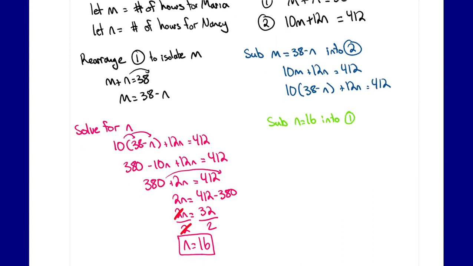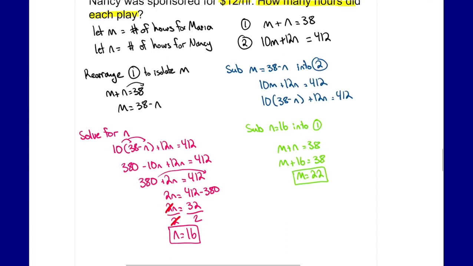You could plug it into either one, you should still get the same answer, but equation 1 is really easy to work with, because if I know Nancy played 16 hours, and in total they played 38 hours, that's an easy equation to solve. I could almost do that in my head. m equals 22.